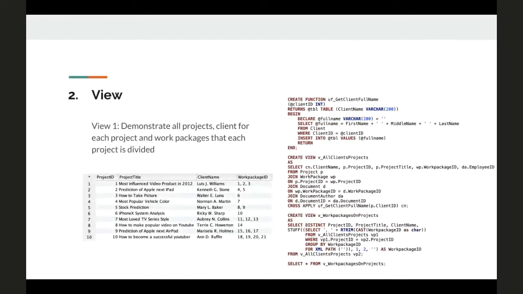And let's move to the views of our database. The first view demonstrates all projects, clients for each project, and work packages that each project is divided into. We also create a function to get each client's full name for this view.